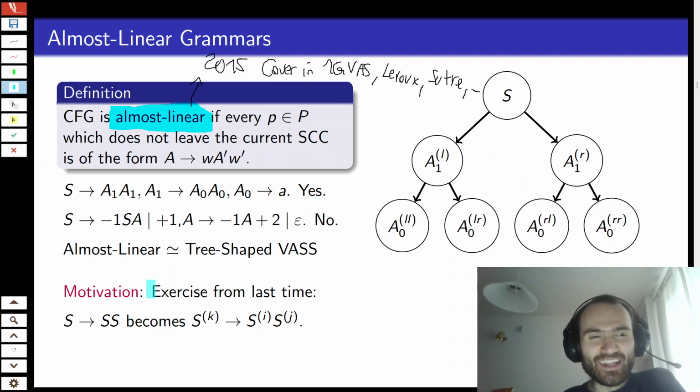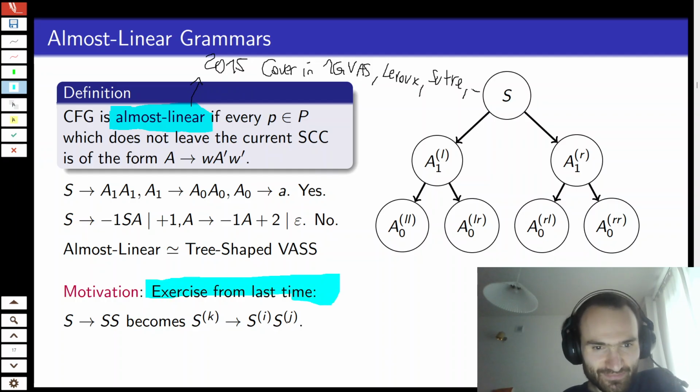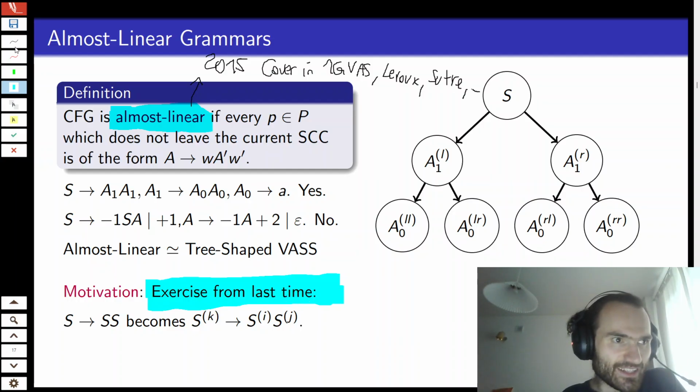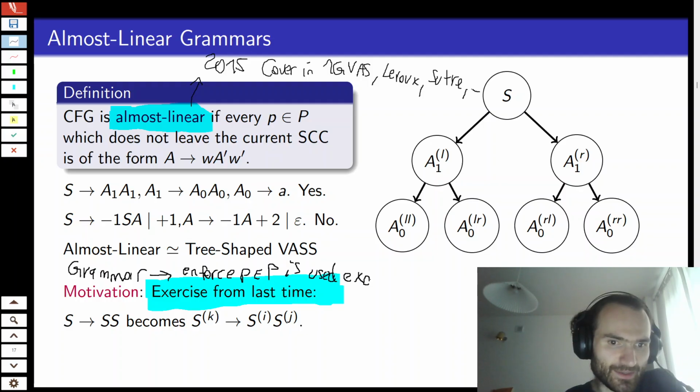The motivation is an exercise I gave last time. Specifically, I last time gave the exercise of what happens if you take a grammar and you enforce that production p is used exactly m times.